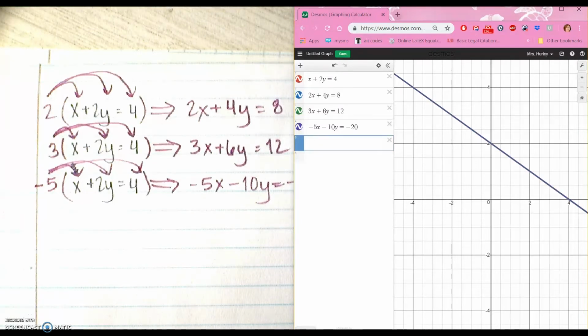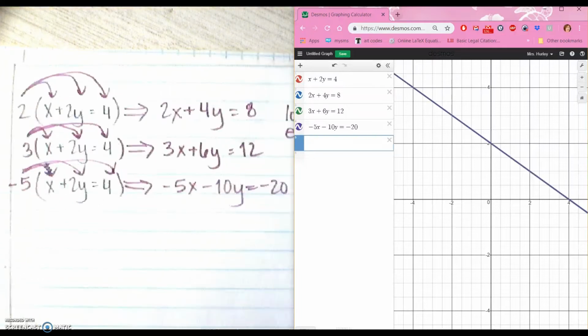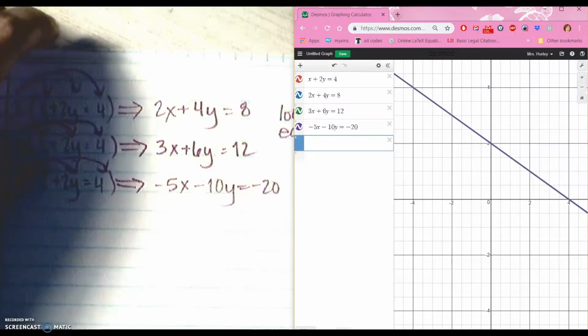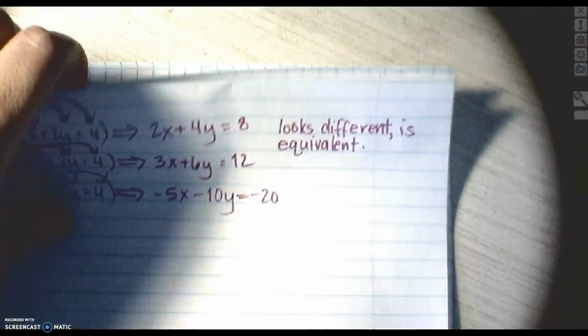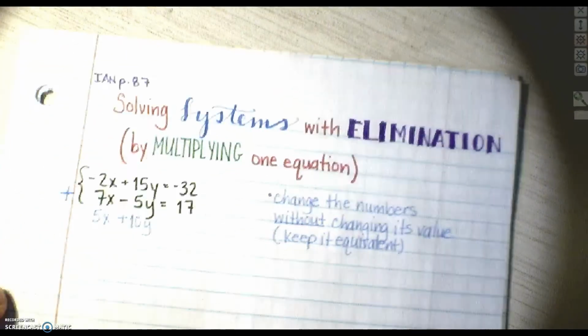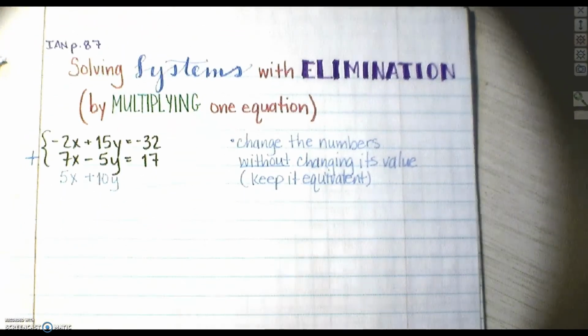So this Desmos activity that we did in class basically showed us a new way to write equivalent equations, equations that have the same value even though they look different. So we use this then when we're solving with elimination.